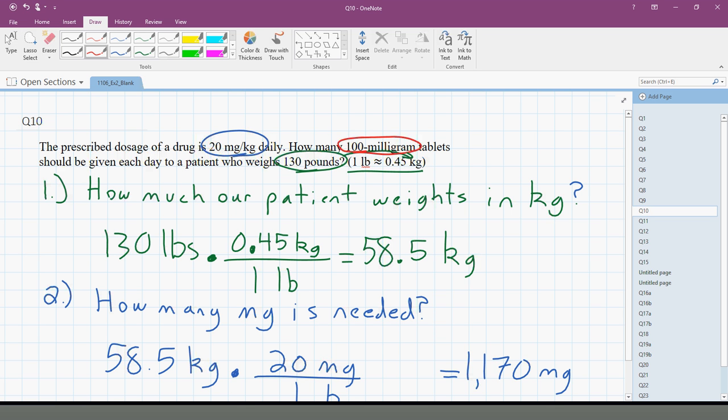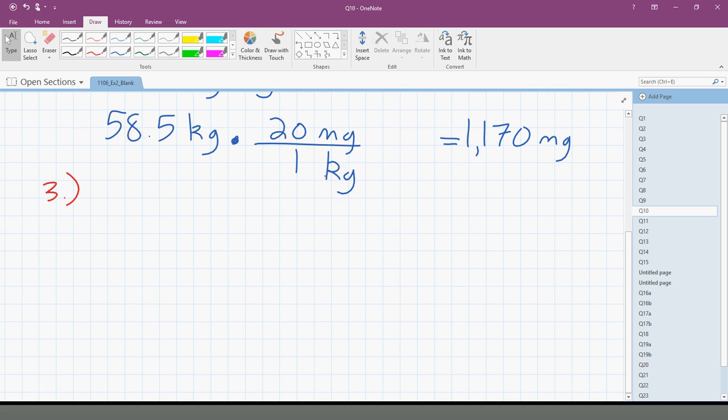We got to use this part. We know that every tablet is 100 milligrams, right? So what am I going to take with this 1,170 milligrams to figure out how many 100 milligrams we need? Divide it. So now we're going to figure out how many tablets.